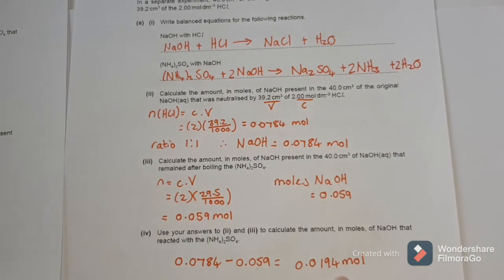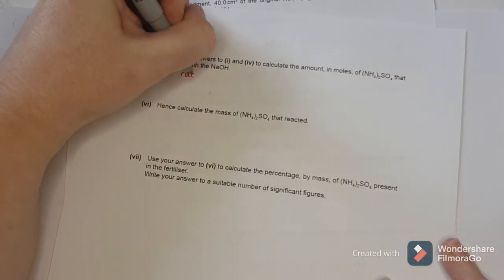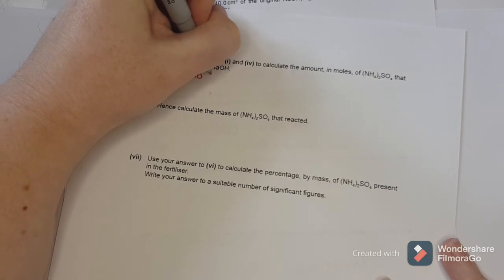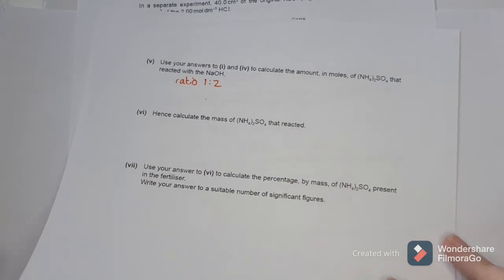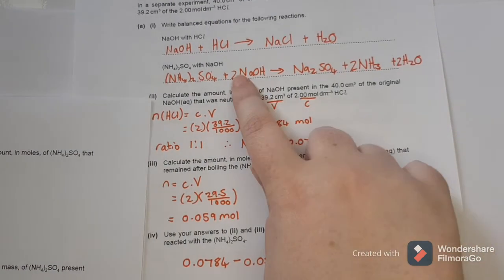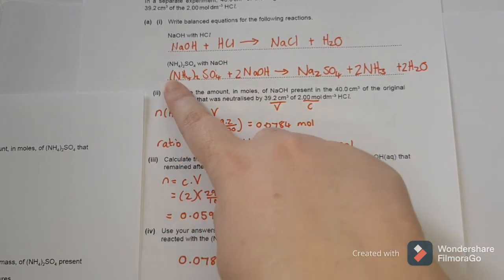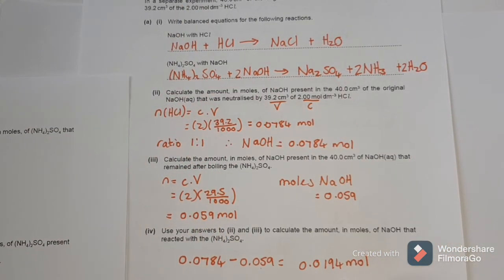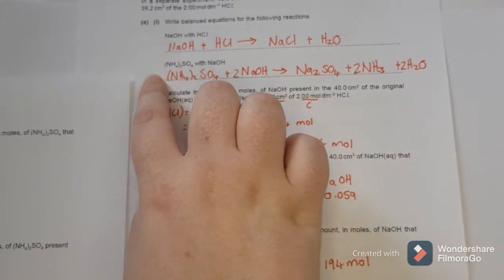So I can take this moles, and I can use my ratio of 1 to 2, okay, and this sodium hydroxide moles represents 2. So in order to get just the 1, I would need to divide it in half, because this represents 2 and I want just 1.